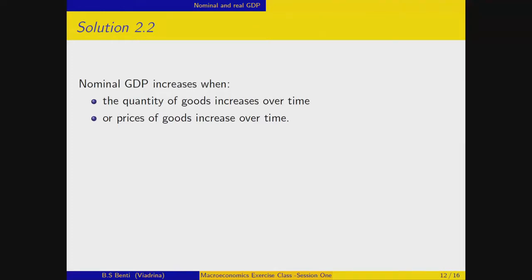So if the quantity of goods increases over time, or if the price of goods increases over time, since these 2 variables define the nominal GDP, it would increase. When we come to real GDP, it only changes when the quantities of goods change.